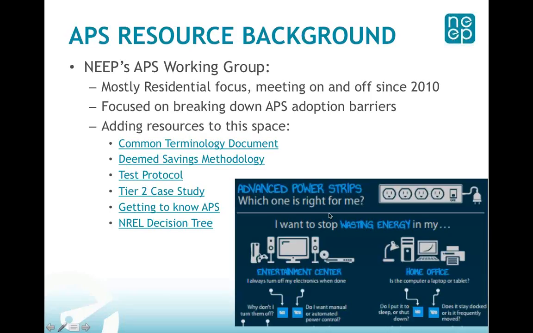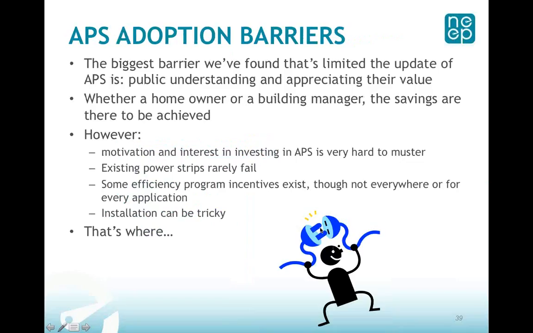So some of the biggest adoption barriers that we continue to face are really public understanding and appreciation of advanced power strips. People just don't get why they should care. And it's challenging because vampire load of any load is the one that we don't see.